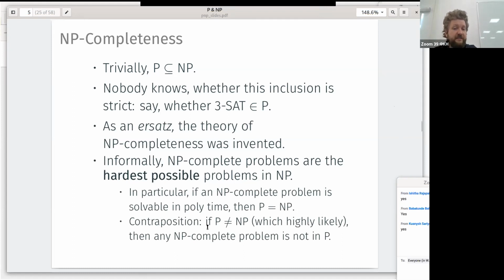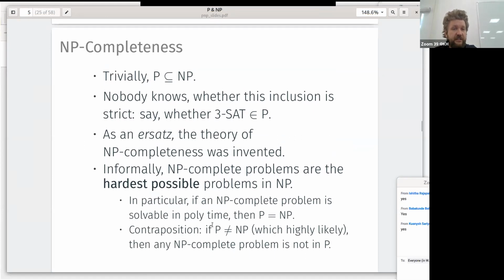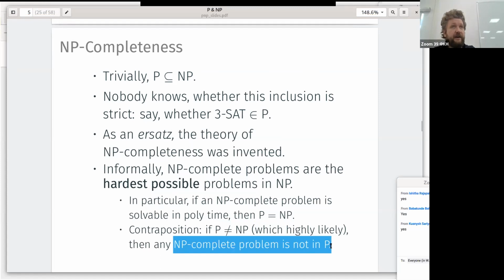If we believe in this complexity conjecture, that P is not equal to NP, then we immediately get non-polynomiality for a specific problem. So this is an existential claim. What does it mean that P is not equal to NP? This means that there exists some problem which is hard, which is in NP but not in P. But if we know that a particular problem is NP-complete, then this would yield non-polynomiality, or high complexity, for a particular concrete problem.